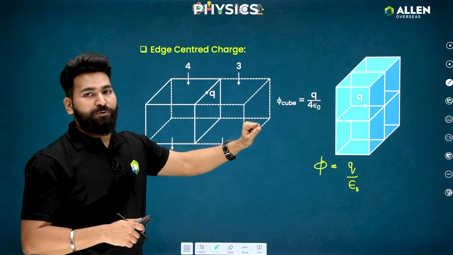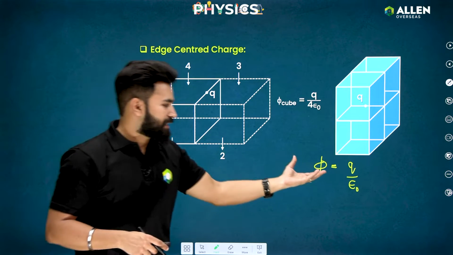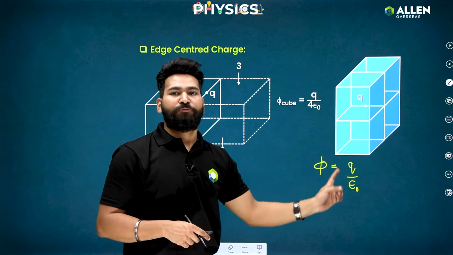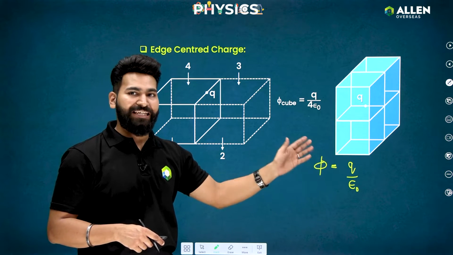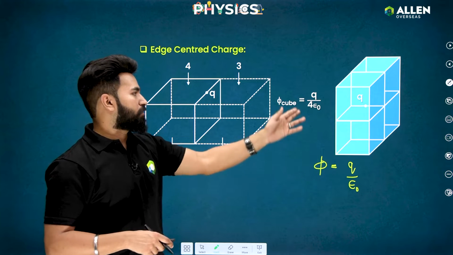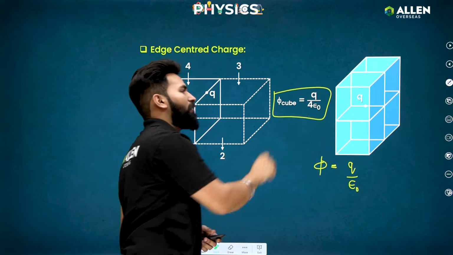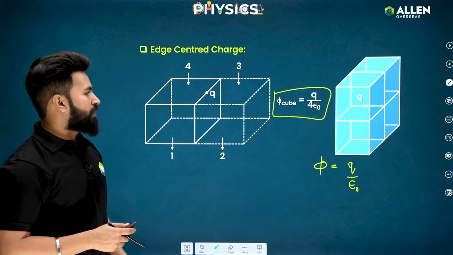And if I want to calculate the flux through just one cube, it will simply be divided by 4, because this whole flux is getting equally divided among all the 4 cubes. So from the whole bigger cube, the flux is q by epsilon naught, which is equally distributed among the 4, so the flux associated with one cube will be q upon 4 epsilon naught. That's it. So I guess it's very easy, right?